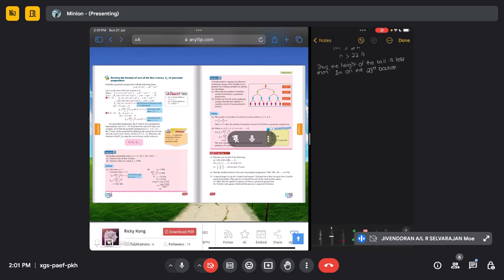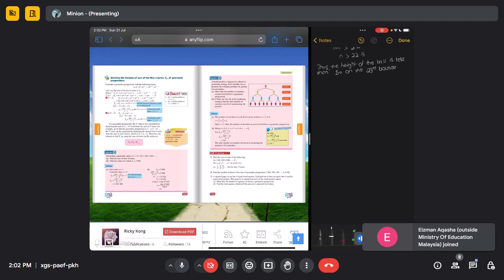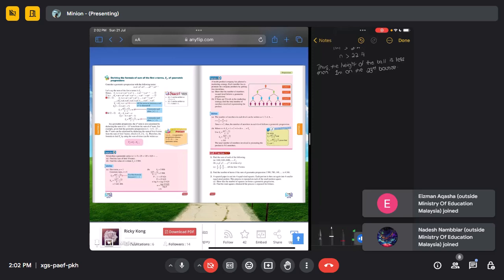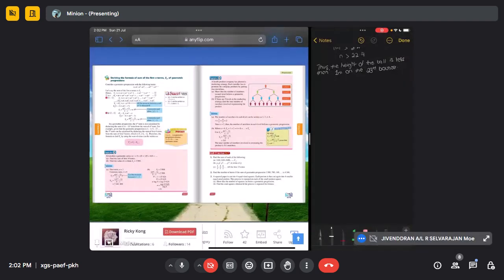Okay, so the next formula, this is one of the last formulas in this chapter, the Sn formula, sum of geometric progression formula. So the formula is Sn equals a in bracket r to the power of n minus 1 over r minus 1, where r is not equal to 1, if r is more than 1.